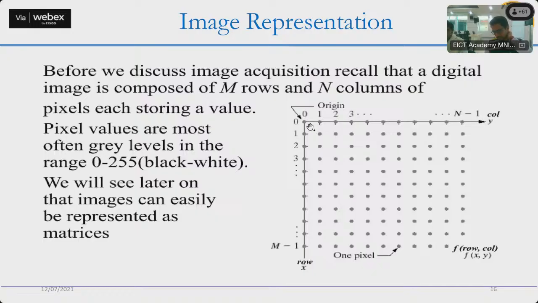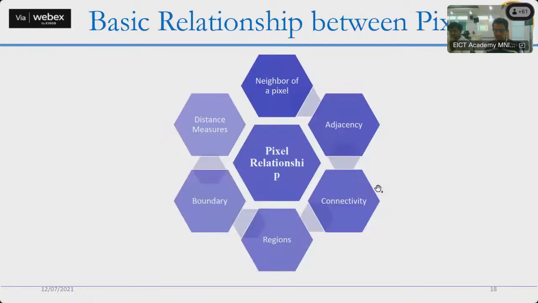If I want to find the distance between this and this, the value here is capital N minus 1, here capital M minus 1. So the distance is the square root of N square plus M square. That will be the distance across this diagonal. So pixels also help to calculate the distance measure.